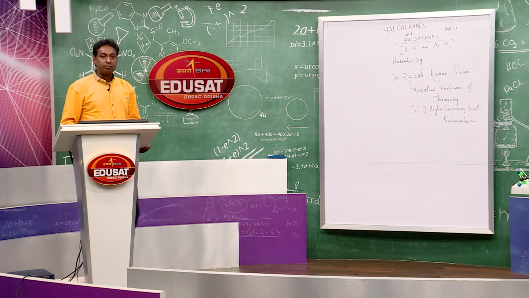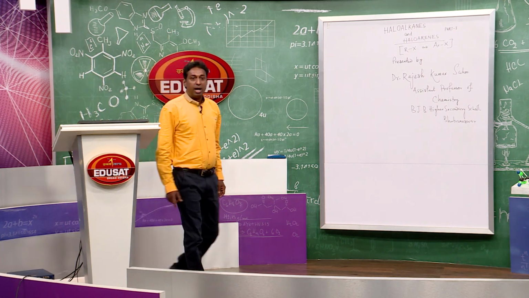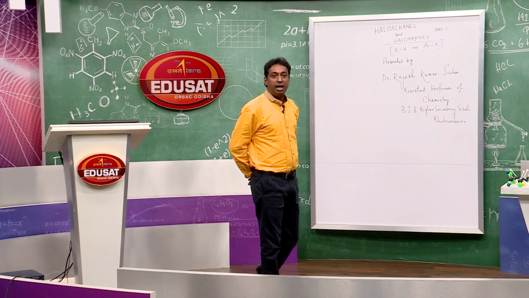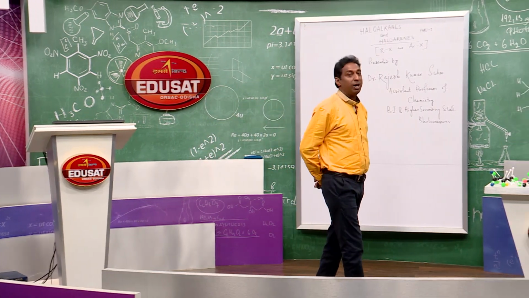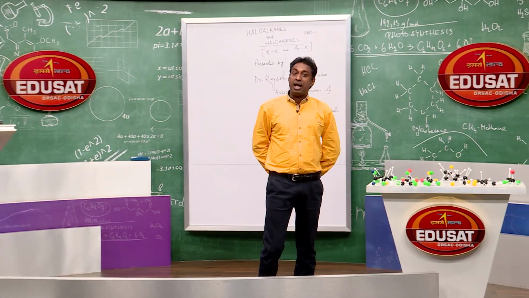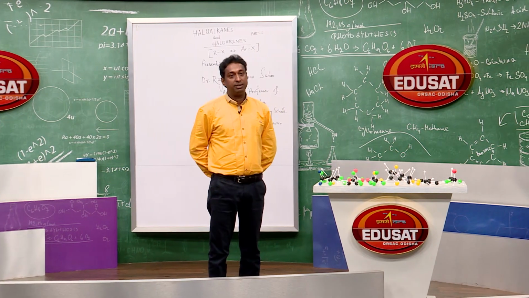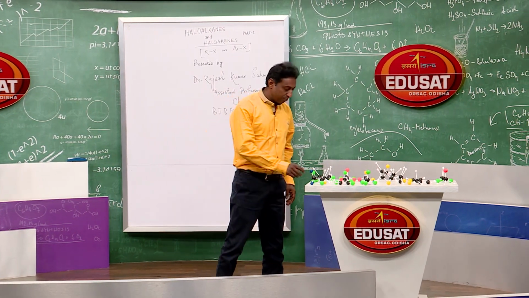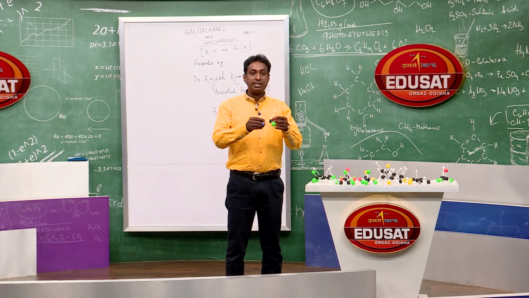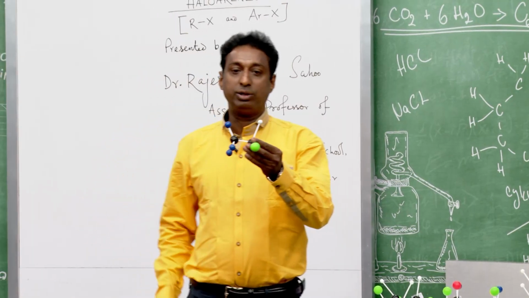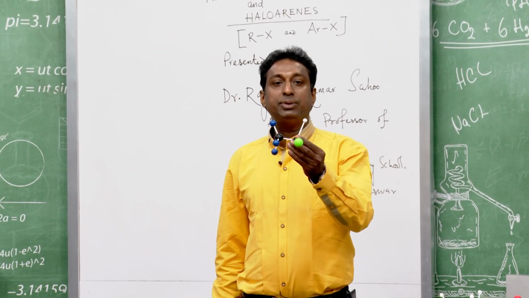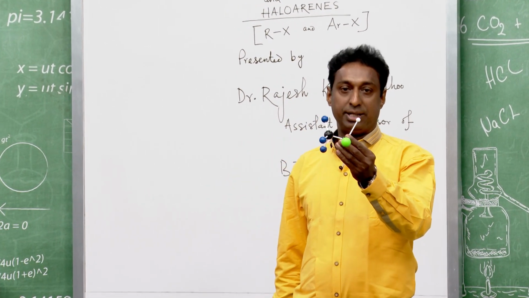Students, I will show you the structure of haloalkene and the first anesthesia, halothane. Look at this structure. This is halothane, CF3CHClBr.